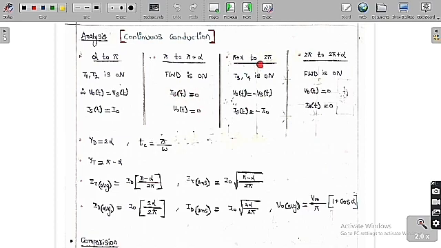From pi plus alpha to 2 pi, T3 and T4 conduct, so the output voltage is the negative of the source voltage, whereas the source current is the negative of the output current, which is minus I0. From 2 pi to 2 pi plus alpha, or 0 to alpha, the freewheeling diode conducts again, so the output voltage is 0 and the source current is also 0.